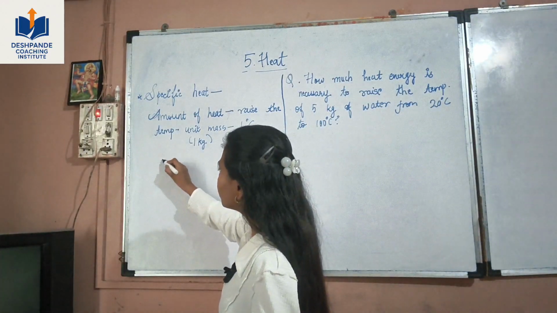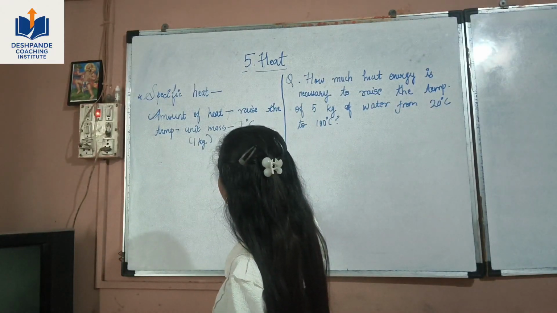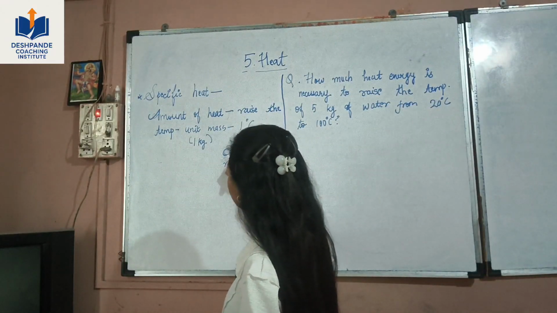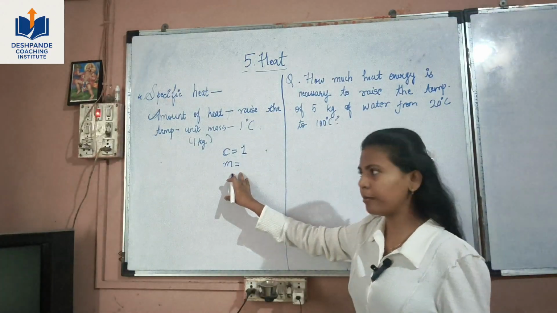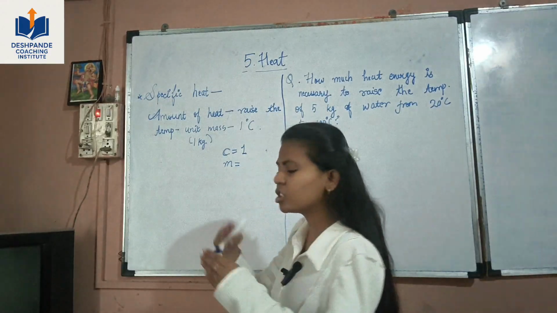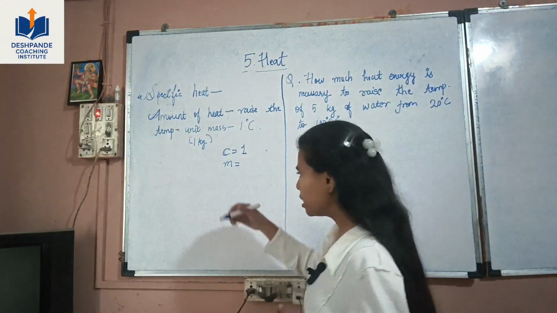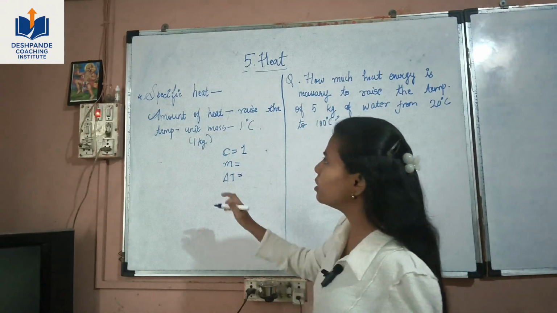Specific heat is generally denoted by C. For water, it is 1. Mass of the object we denote by small m, and the change in temperature from the initial to final temperature we denote by delta T. So what would be the formula?